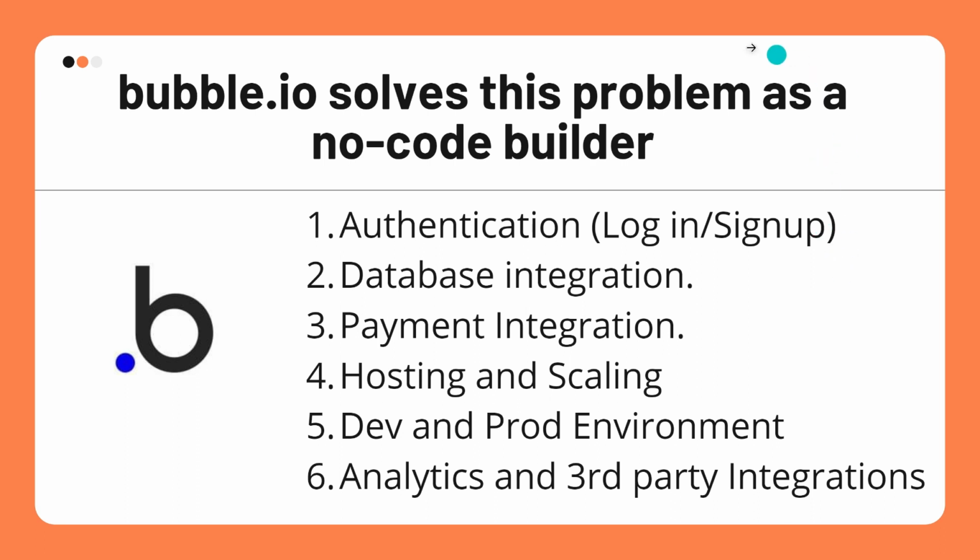So it also comes with a powerful community where you can ask questions, etc. And relatively just at $29 per month, you can run and operate a full stack app.